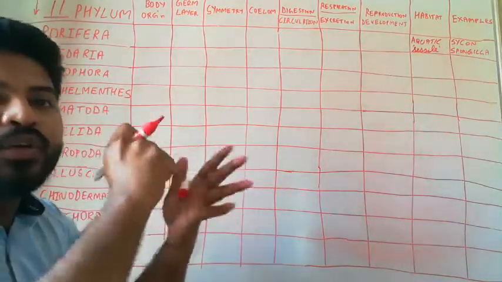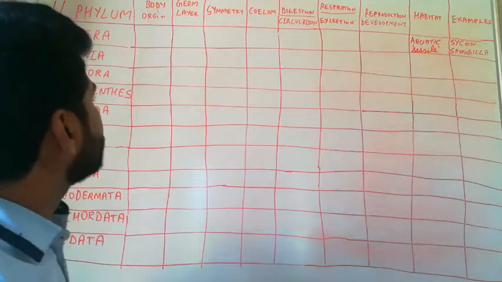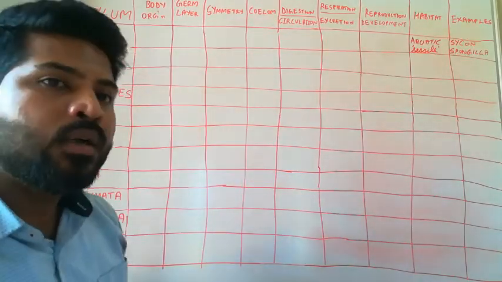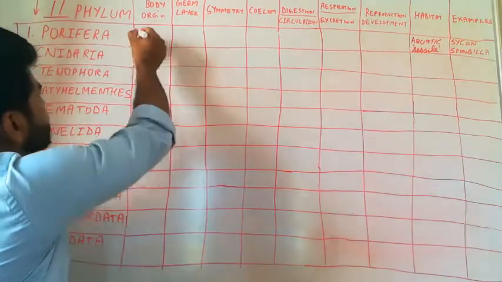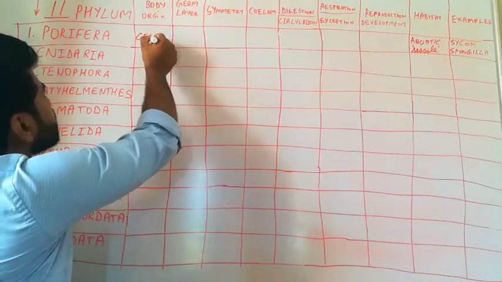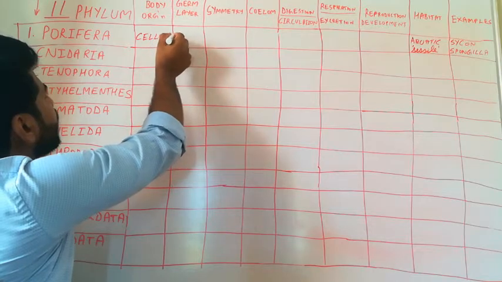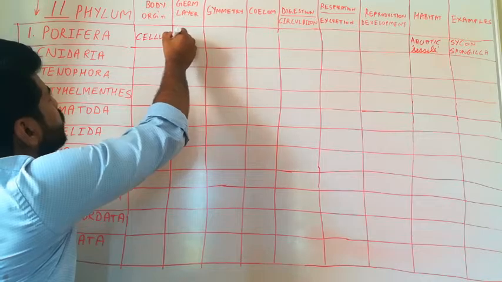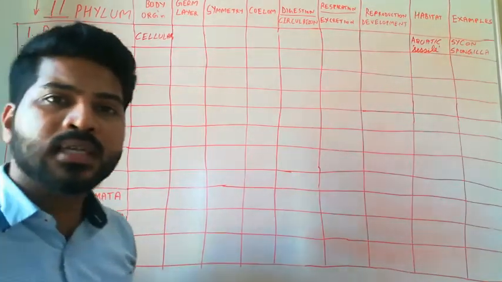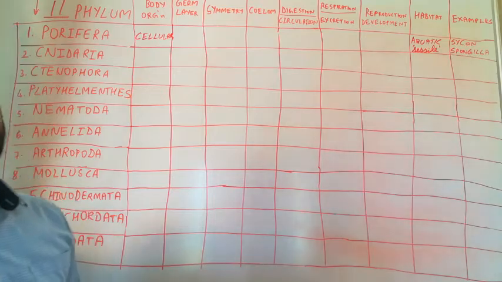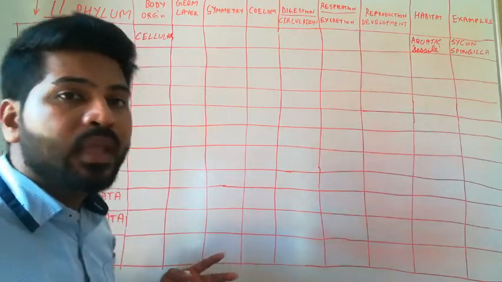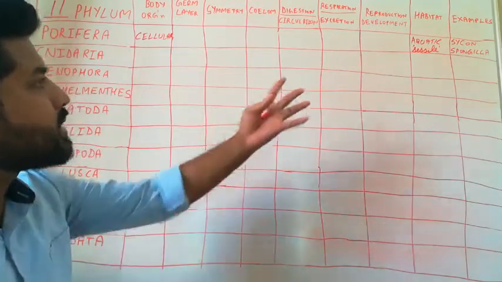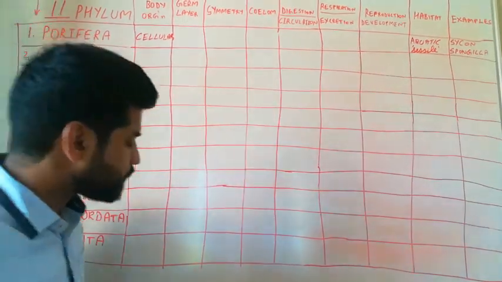The body of Porifera shows cellular organization. The body is not organized into tissues, which is a very basic form of organization. Evolutionarily speaking, these are the most primitive animals we could think of present in water.